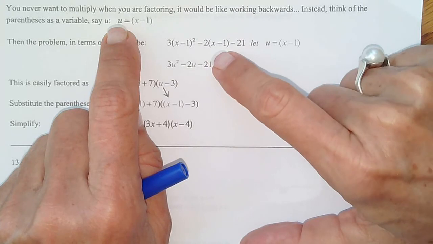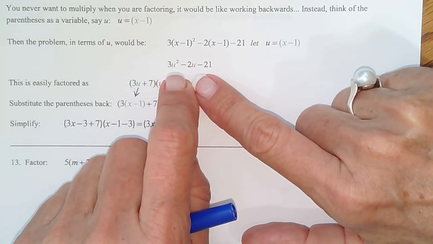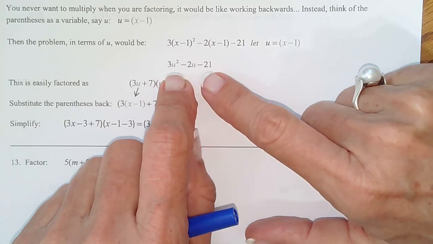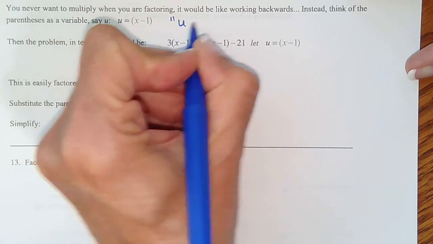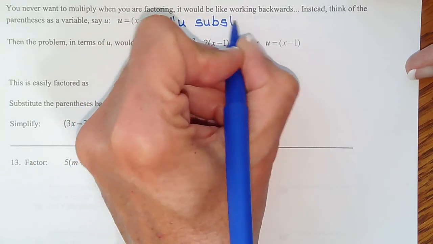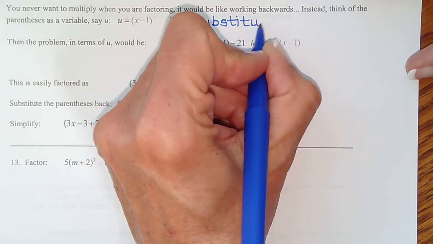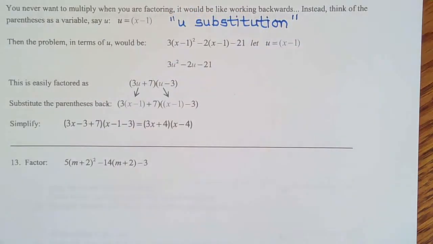Every time I see an x minus 1, put in u, and then doesn't it look like a problem we're used to seeing? So that's why we call this u substitution. And you will not believe how many times you're going to see u substitution after this. It's all over the calculus textbooks, college algebra.